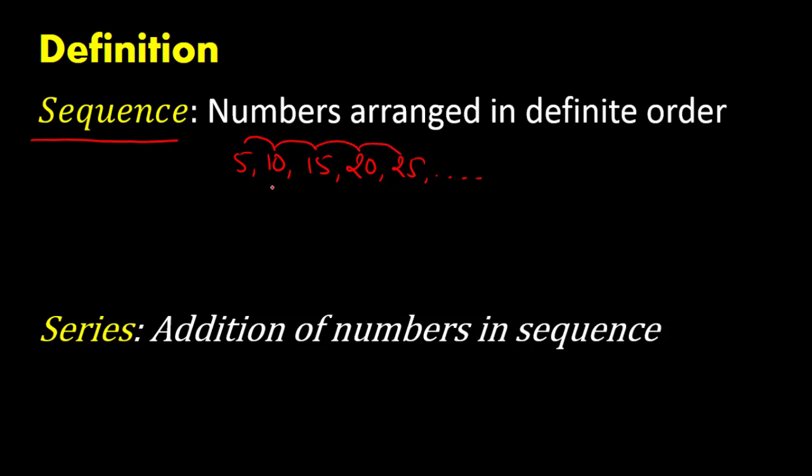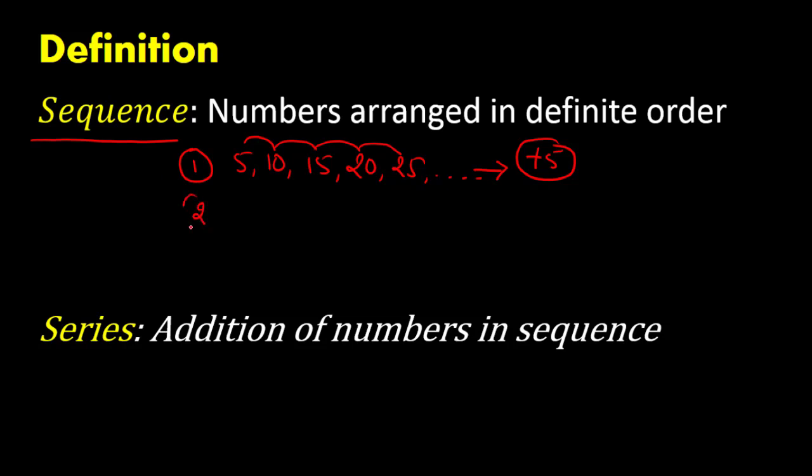That fixed pattern is that I am adding 5 to the previous number to get the next number. So 5 plus 5 is 10, plus 5 is 15. This is one fixed pattern.